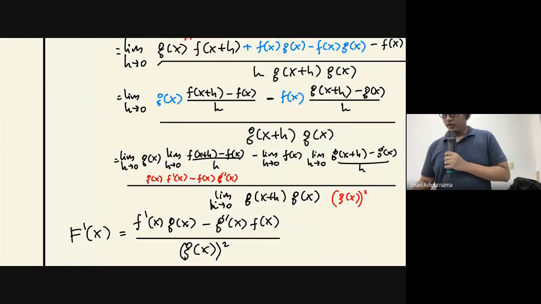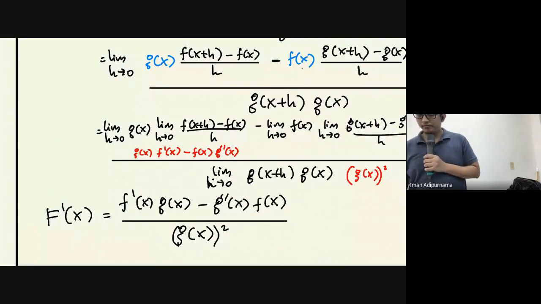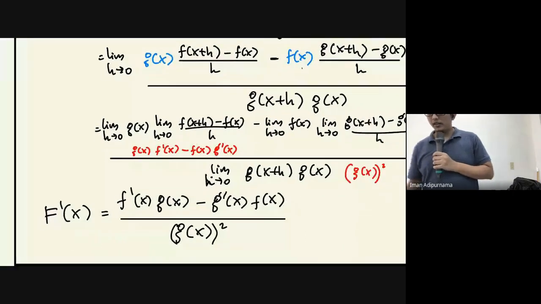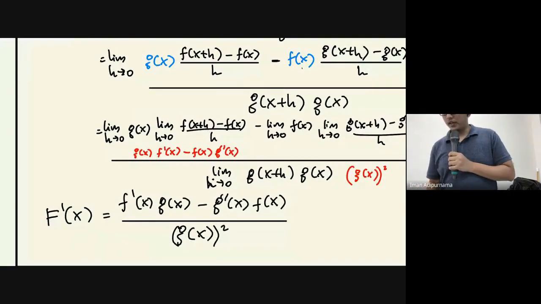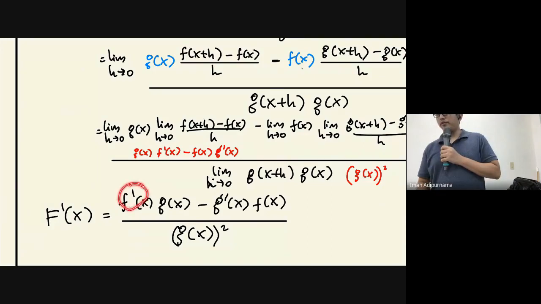I write the f prime at the first expression here because it will help you relate to the product rule. My suggestion is to always start with f prime g. Because of this minus, if you mix up the f and g, then you will have wrong calculations. So you need to have the f prime at the first expression for the quotient rule.